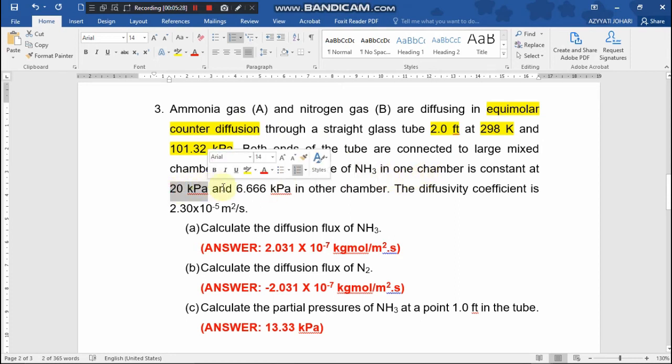This will be PA1 and this will be PA2, because the higher partial pressure would be PA1 and this will be PA2.